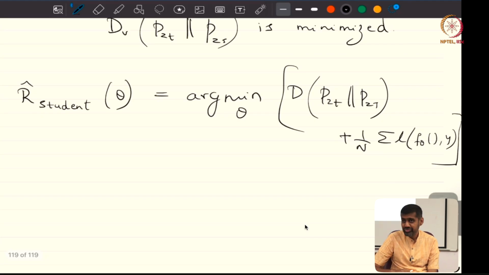Now, today in the commercial world, when a company releases LLMs, they release LLMs of different sizes. So, there is a 100 billion parameter model, a 170 billion parameter, a 30 billion parameter and so on. These smaller models are the distilled versions of the larger models.